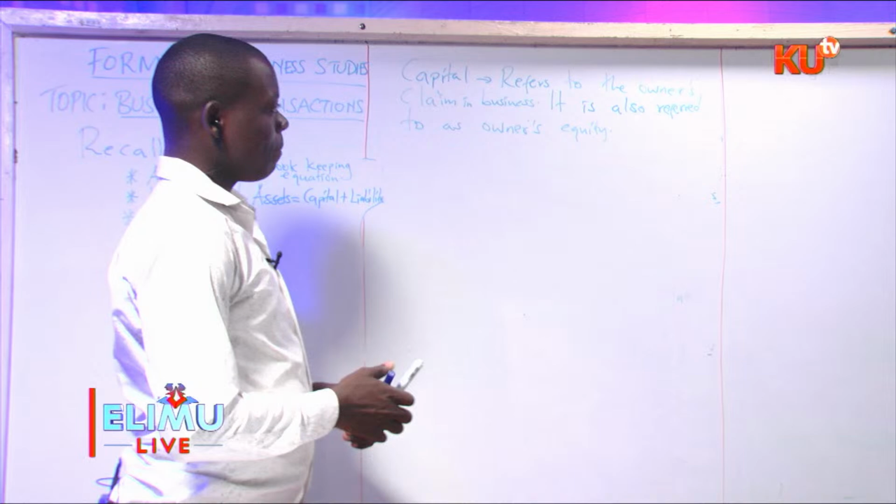So the total of capital will now be 600 minus 10, 590,000. This is 210,000. This remains 200,000. 100 minus 60, this is 140 for furniture.